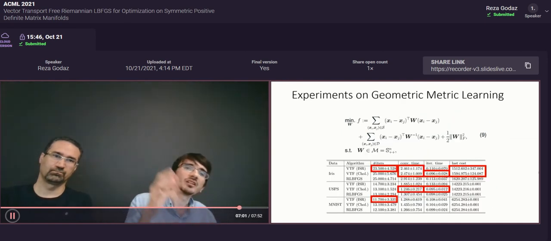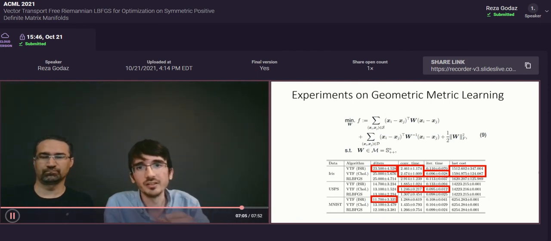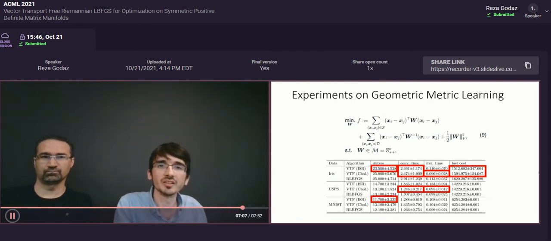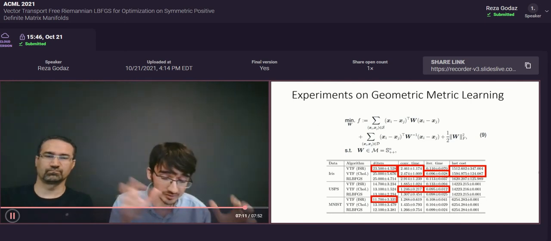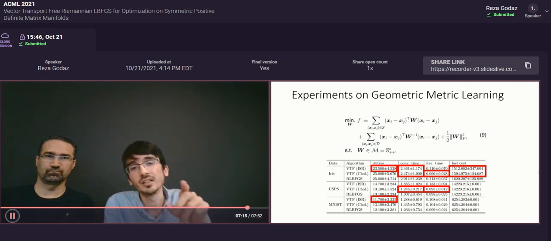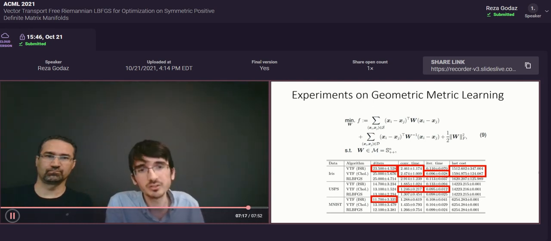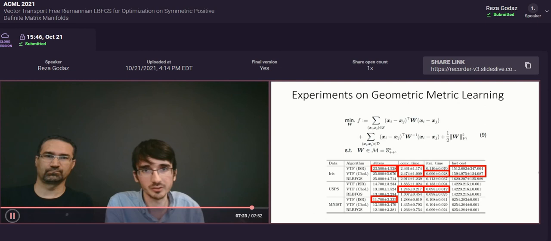The other experiment that we had was on geometric metric learning, where we want to find the metric W inside the metric. The W matrix inside the metric must be positive semi-definite to satisfy triangle inequality and convexity of the metric.